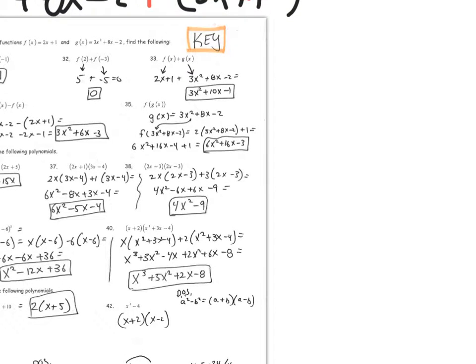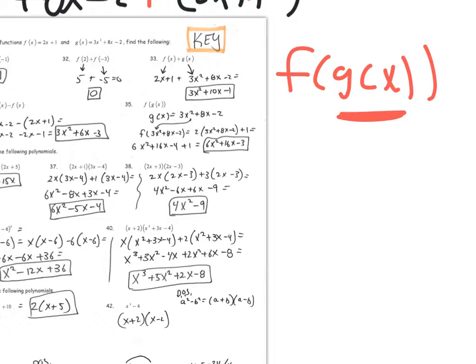35 is something called composition of functions. And this is where we have f of g of x. We work from the inside first. Okay, so we do g of x.